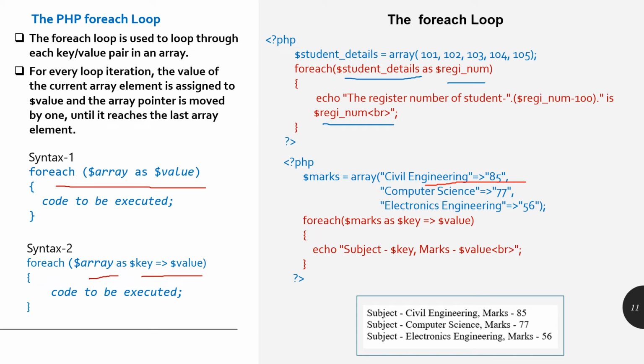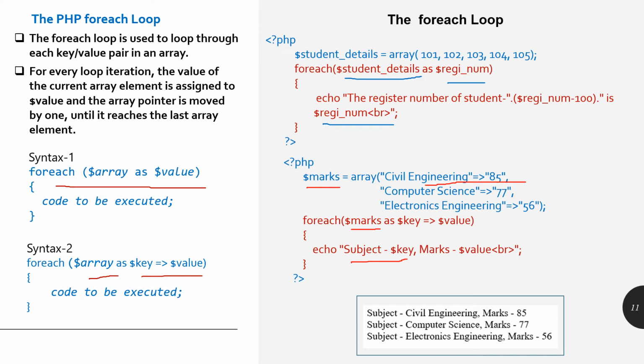How that works we will see. Just for displaying this, marks is the array name, as key value. Key here is the subject name, such as civil engineering or computer science, and the corresponding marks.